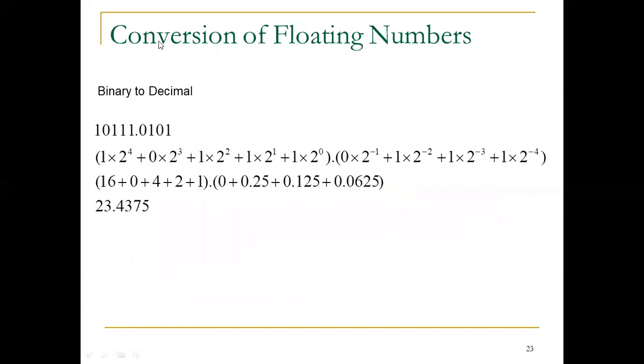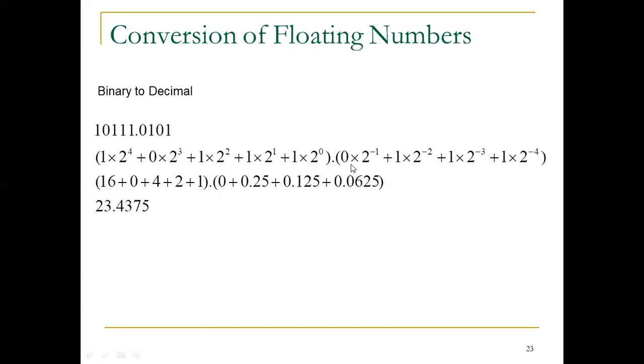Let us see the conversion of floating numbers, because one example is here, that is 10111.0101. So already we have seen how to convert the integer part into equivalent decimal number. Let us concentrate on how to solve the part at the right side of the decimal point.